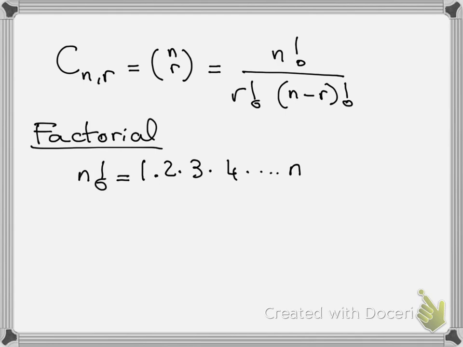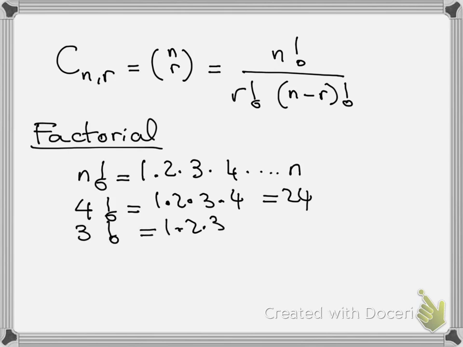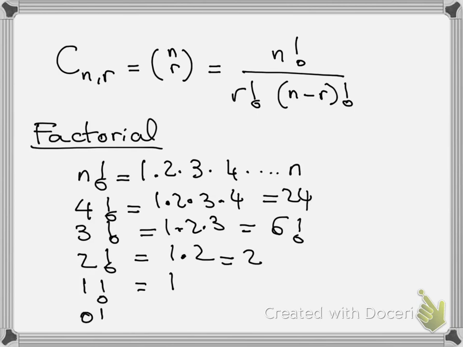For example, 4 factorial is 1 times 2 times 3 times 4, so that's 24. 3 factorial is 1 times 2 times 3, so that's 6. 2 factorial is 1 times 2, which is 2. 1 factorial is 1. And 0 factorial, by convention, is equal to 1.